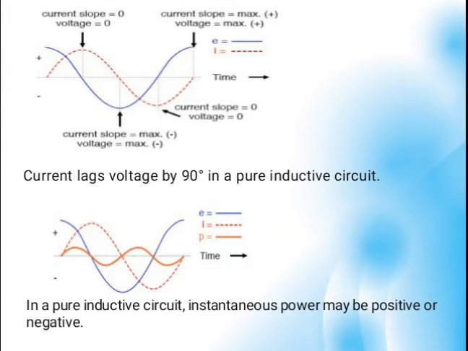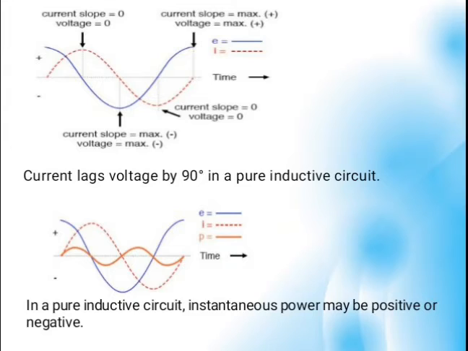This results in a voltage wave that is 90 degrees out of phase with the current wave. Looking at the graph, the voltage wave seems to have a head start on the current wave. The voltage leads the current and the current lags behind the voltage.